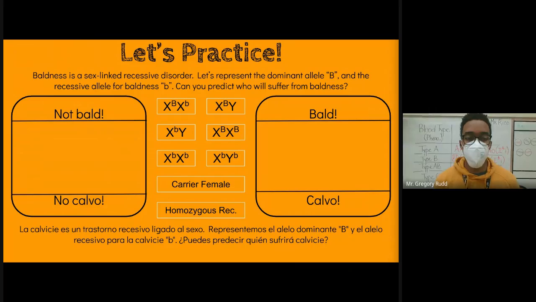So the first one is X capital B, X lowercase b. Does that go in not bald or bald?